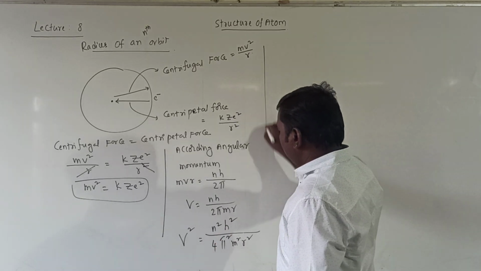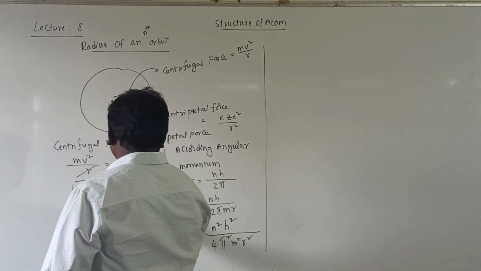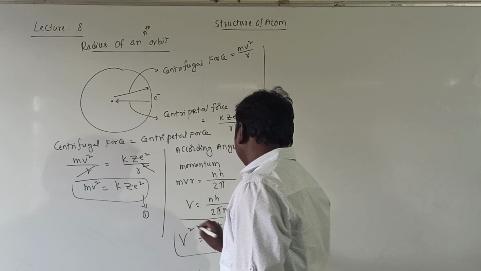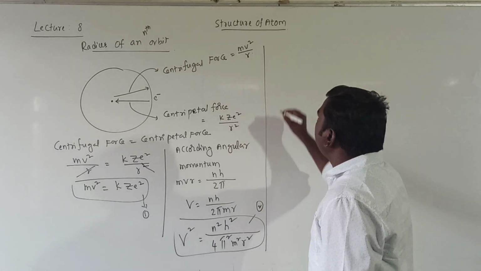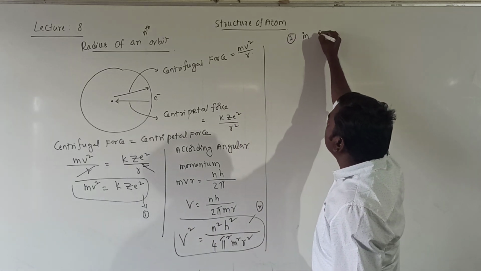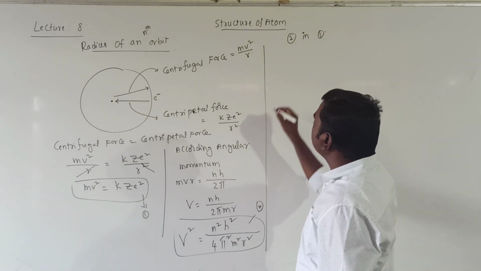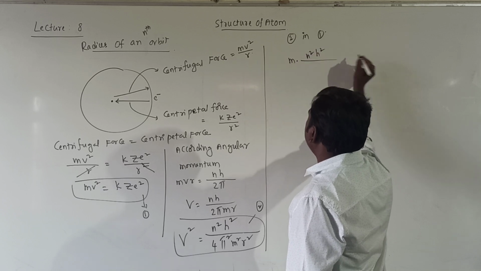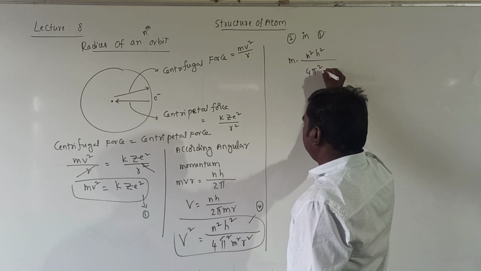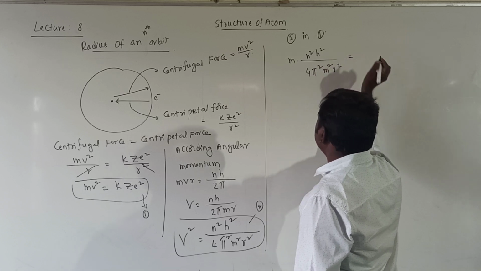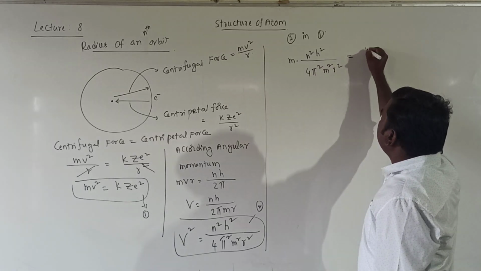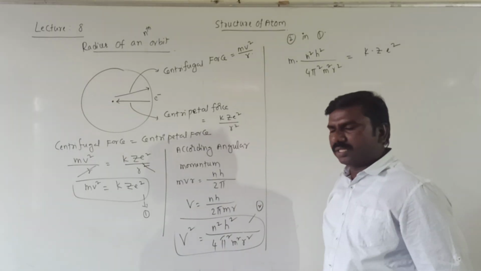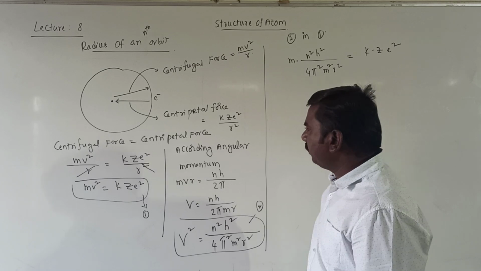Now, this is taken as 1, this is taken as 2. So 2 will be substituted in 1. Then m v square is n square h square by 4 pi square m square r square, equal to kZe square.